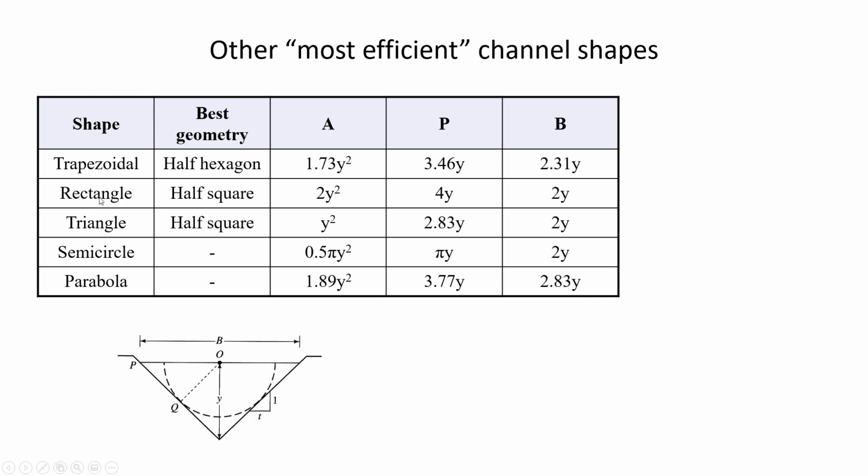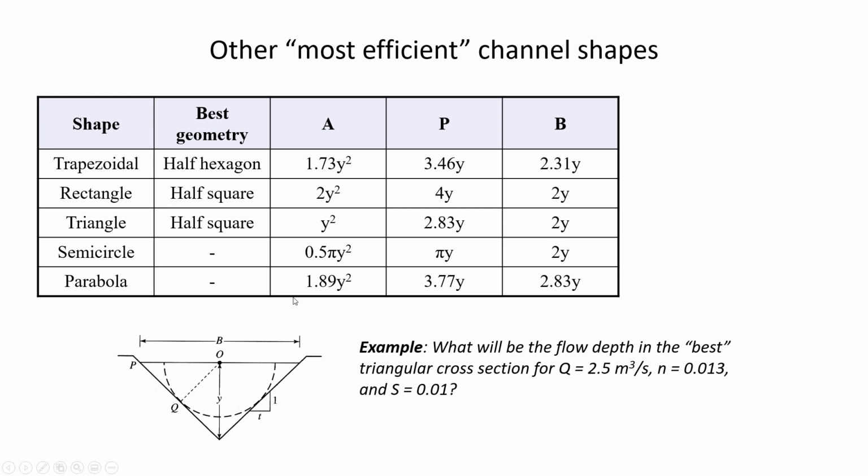So we know, for example, the best triangular channel is the one that most closely resembles a quarter circle, so the one that maximizes the flow area while minimizing the wetted perimeter.